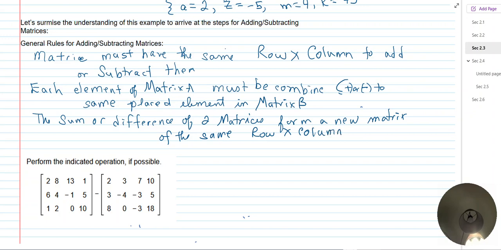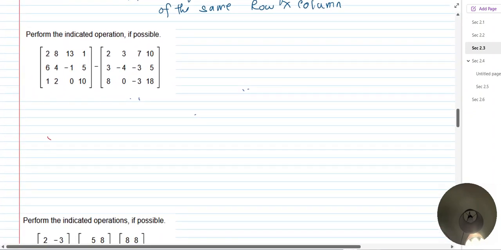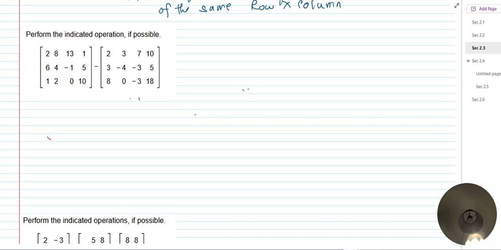All right. So they want us to perform this action, and this one is subtraction. We'll just do it by hand.